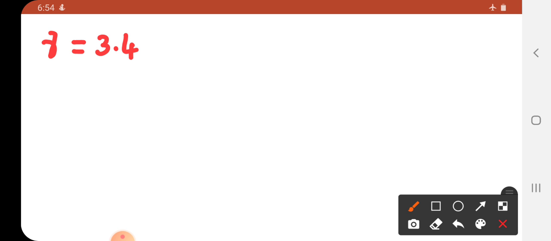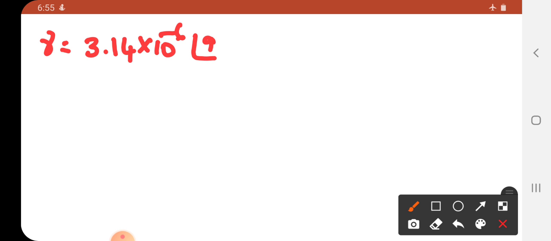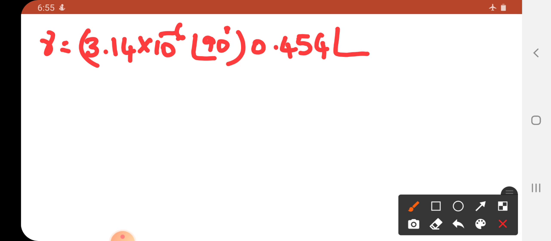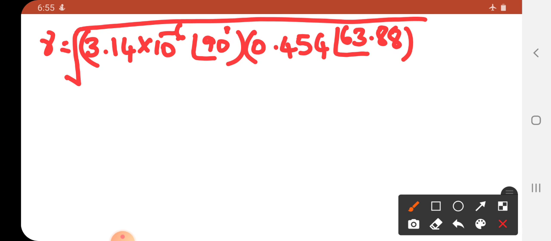Gamma is equal to 3.14 into 10 power minus 6 at an angle of 90 into the Z value, 0.454 at an angle of 63.88, under the root.